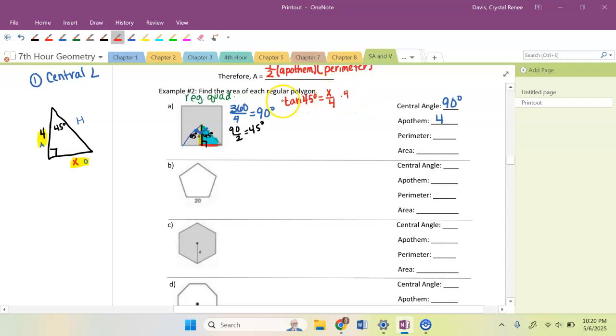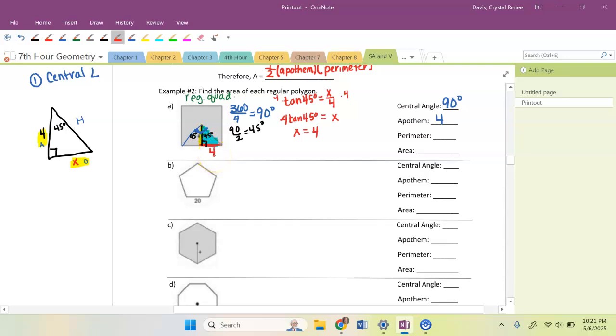If I multiply by 4 on both sides, I get 4 times tangent 45 equals x. If I put that straight into my calculator, I get x is 4. That's not my perimeter, but it's a part of my perimeter. So that 4 is this piece right here.